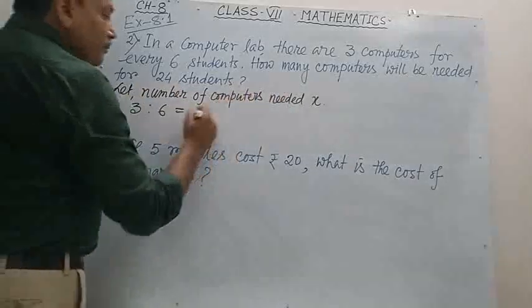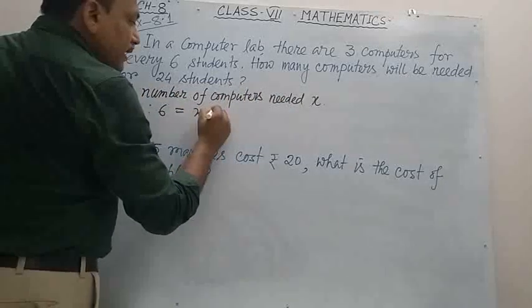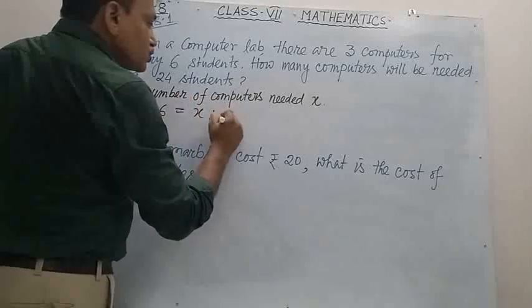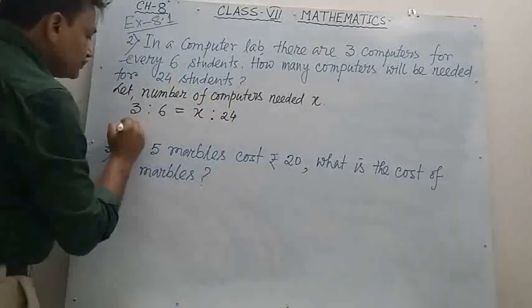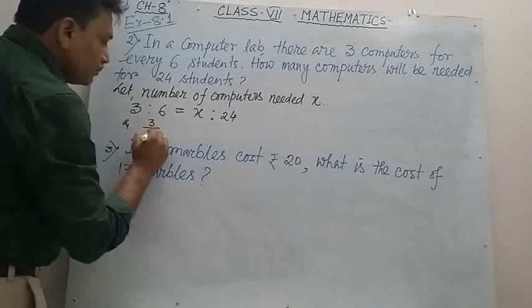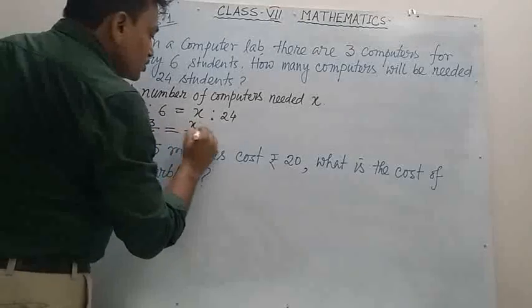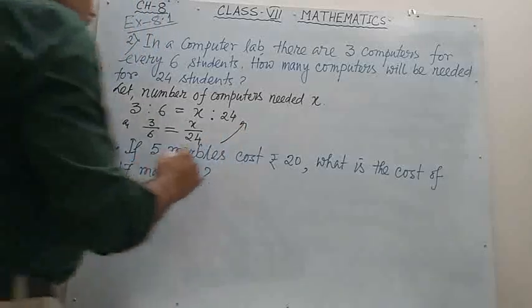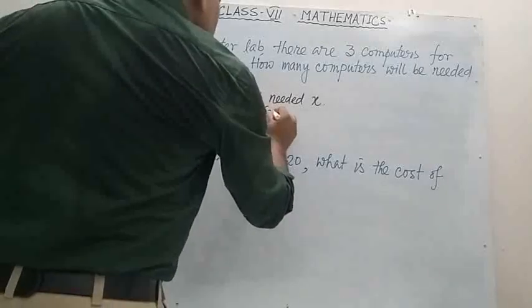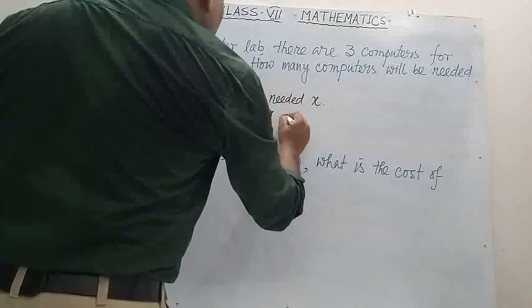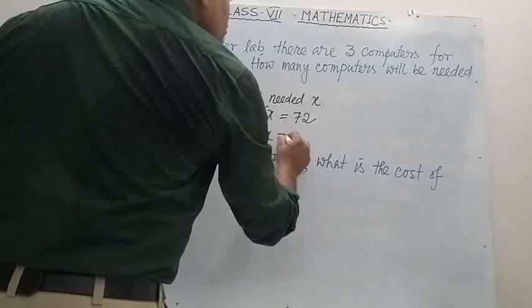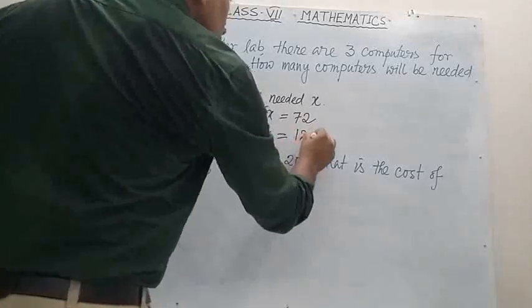So the number of computers, we have taken X, is to how many students? 24 students. Now 3/6 equals X by 24. This can be written as 6x equals 72, or x equals 12.